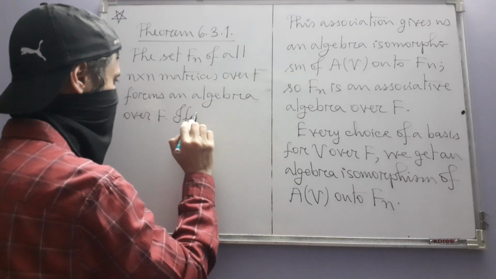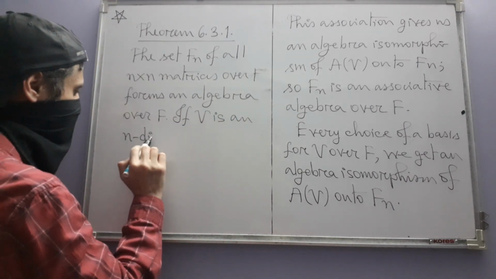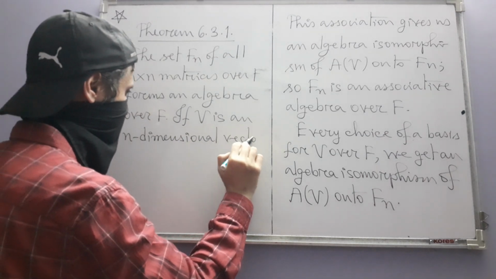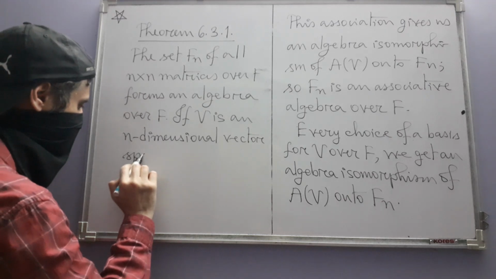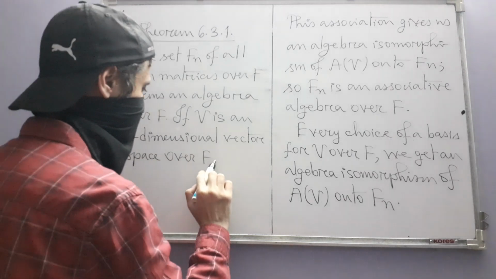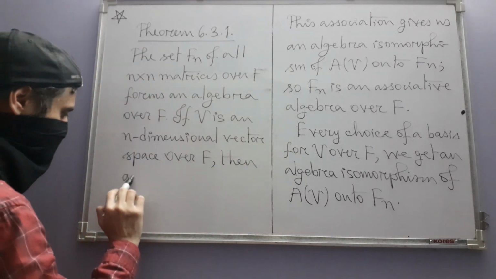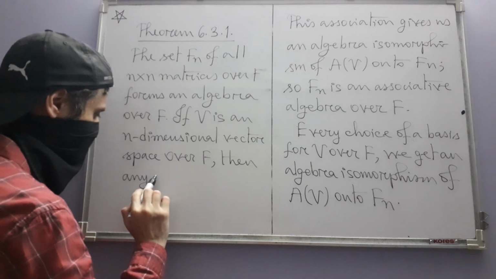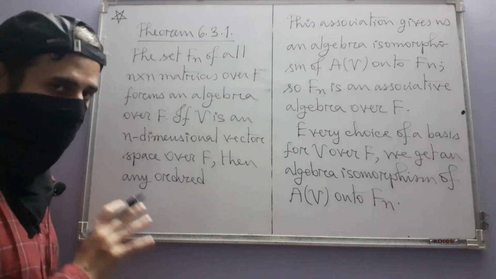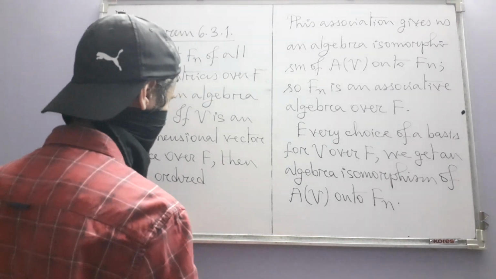If V is an n-dimensional vector space over F, then any ordered basis, I do not fail to mention the fact that the bases have to be considered ordered. Okay, we have already seen why that is so.